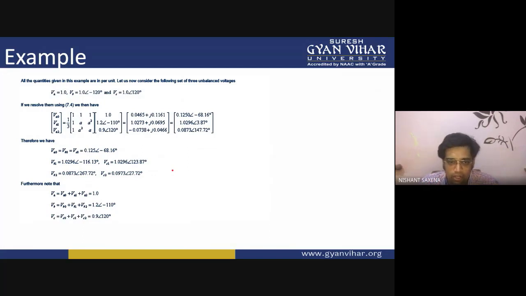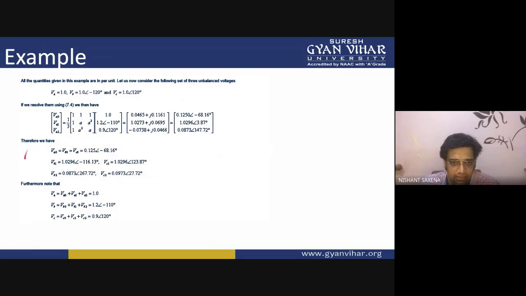They are absent. I'm again repeating, for a balanced phase system, only the positive sequence component is present, and that is equal to 1.